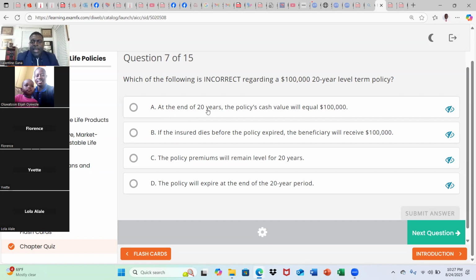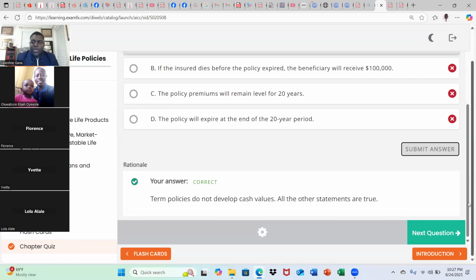The answer is A. At the end of 20 years, the policy's cash value will equal 100,000. Term does not accumulate cash value. There you go. You have to read the questions clearly and the answer will be right there. The answer is always in the question. Always. So term policies do not develop cash values. All the other statements are true.